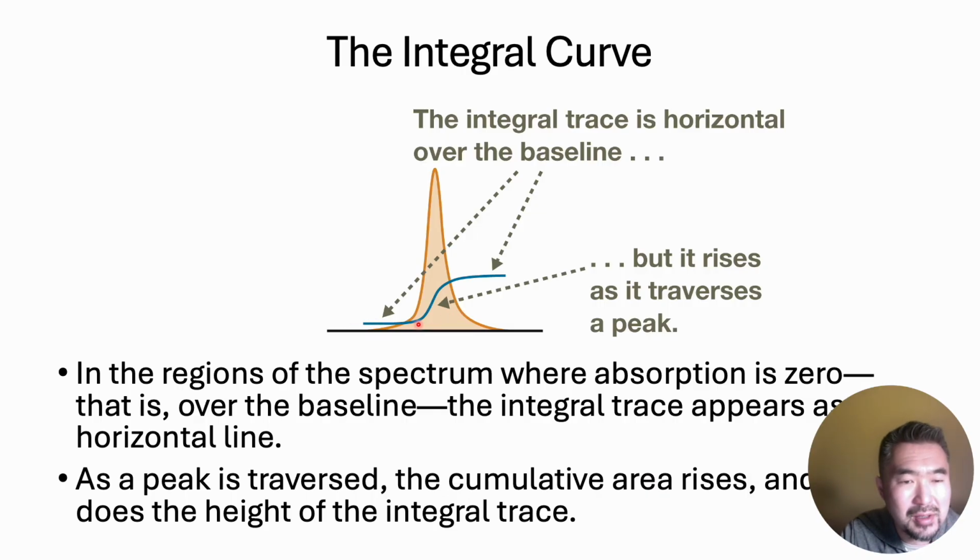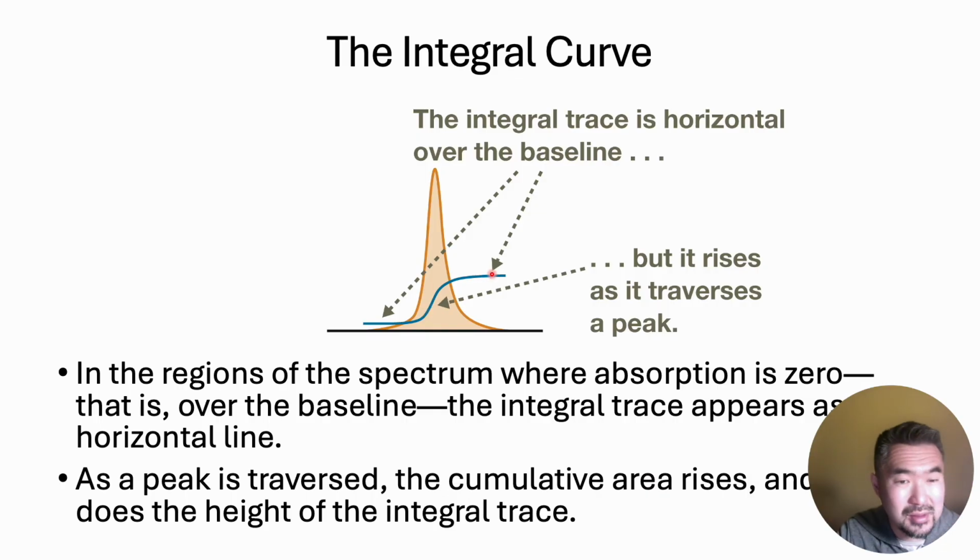And often in the NMR spectrum, you might see an integration trace curve that looks like this. What that is showing you is the cumulative total of all of the area under this curve. So up to this point, there's this much area under the curve, and up to this point, the middle of the peak, there's this much area, and by the time you're done with the peak, there has been this much area total under the curve.